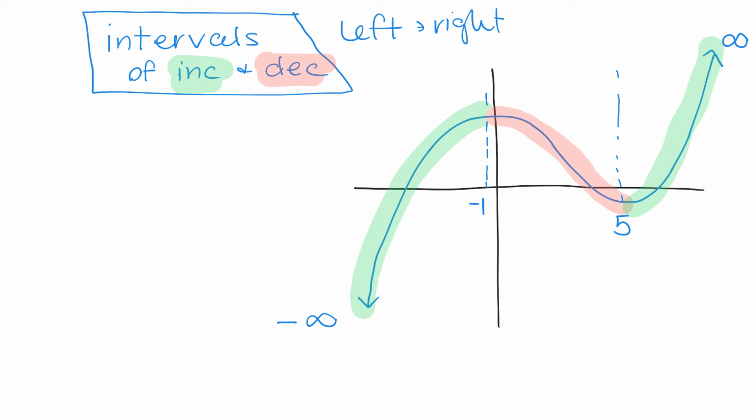So our intervals are again based in x. This green part, the increasing portion, goes from negative infinity all the way to negative 1. So negative infinity to negative 1. And then that happens again over here from 5 to infinity.